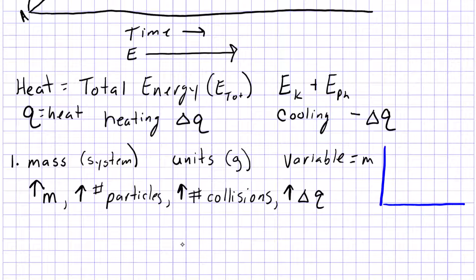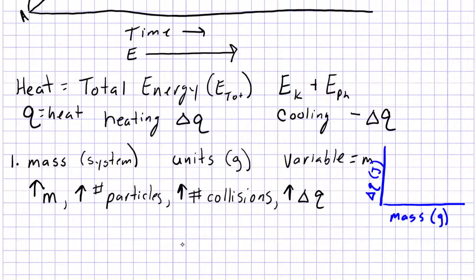So on our graph, our mass is what we're changing. So this is my independent variable, and my dependent is going to be the change in heat. Heat, we're going to measure in joules.